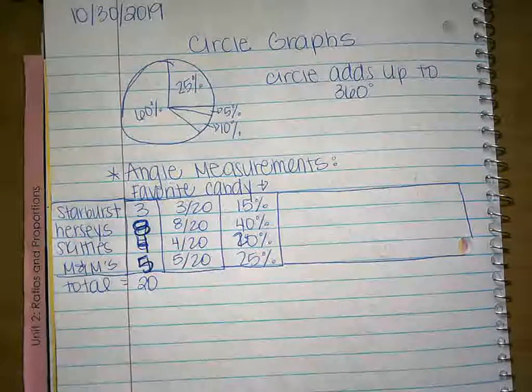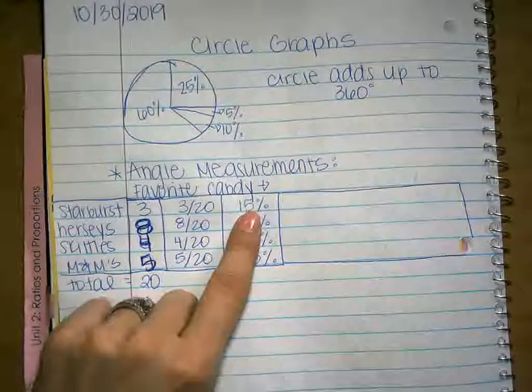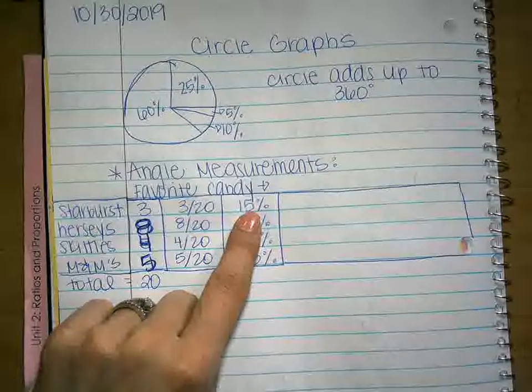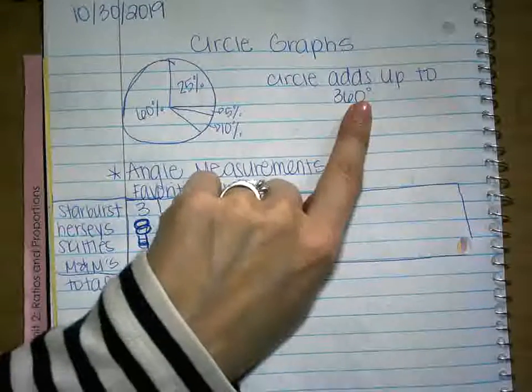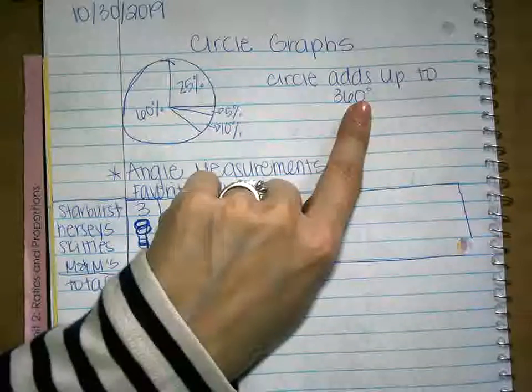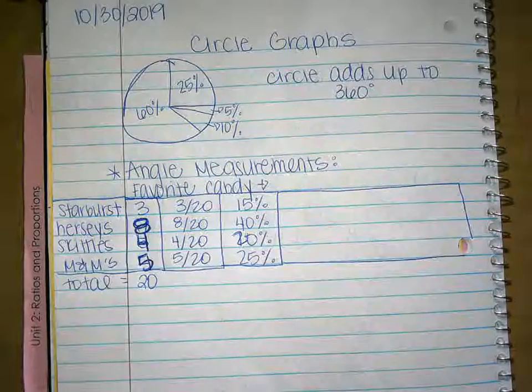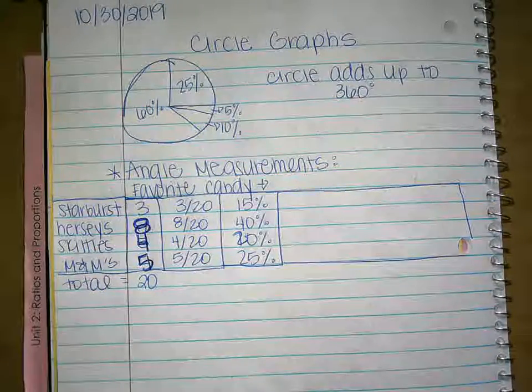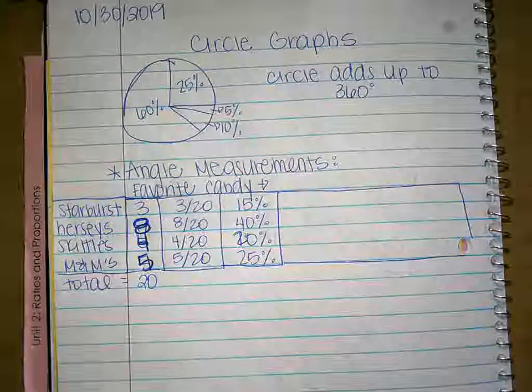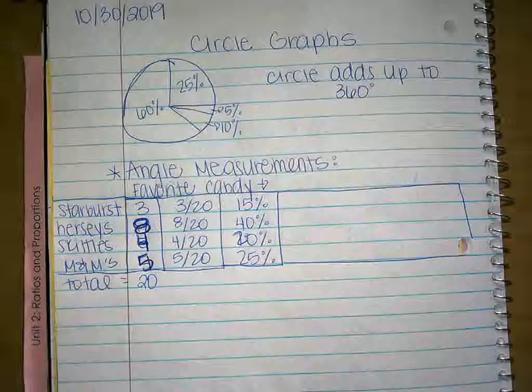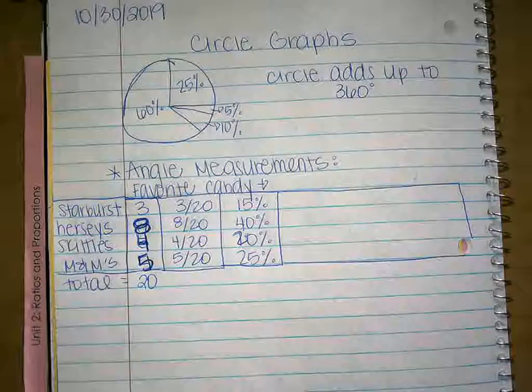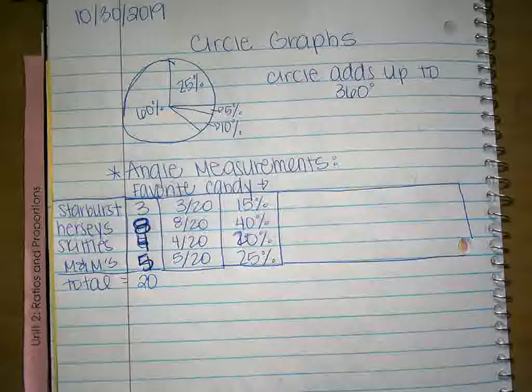So if I asked you, what is 15% of 360? What would you tell me to do there? What is 15% of 360? What would I do, Riley? Just 360 divided by 15. Nope.